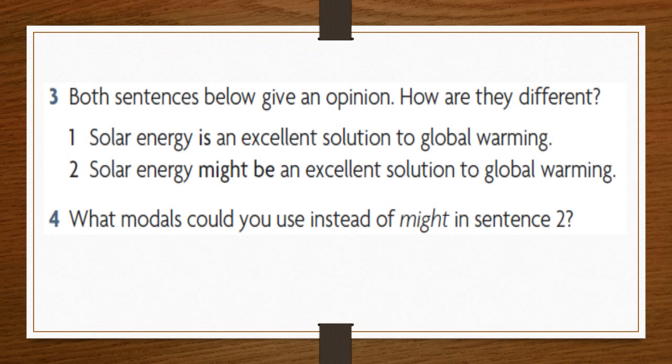Instead of might be in the second sentence, what other modal verbs can we use? We can say, because it expresses possibility, solar energy could be, can be an excellent solution to global warming. That's a modal verb to express the opinion, particularly to express possibility.